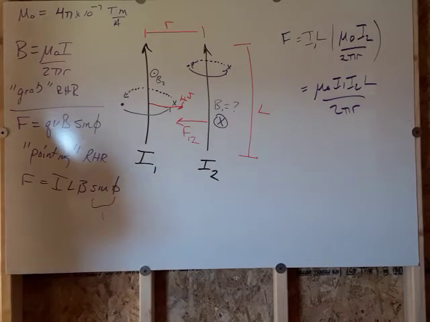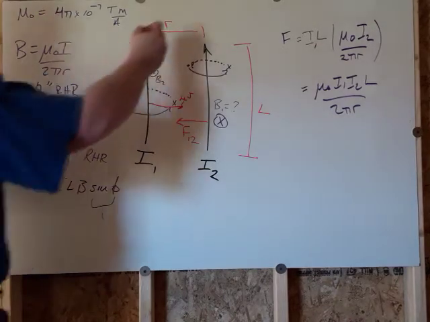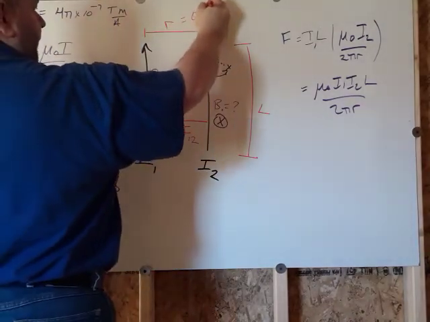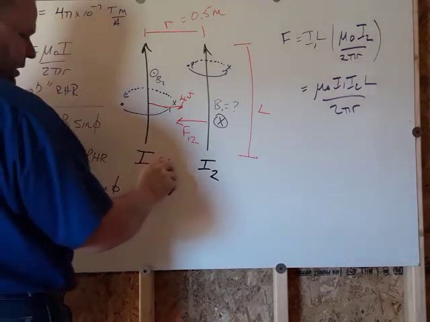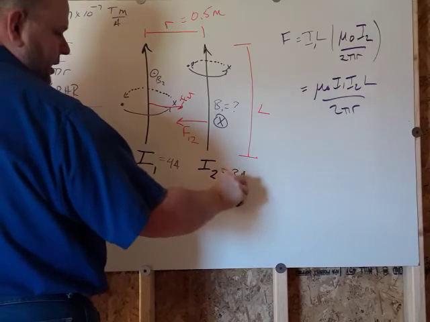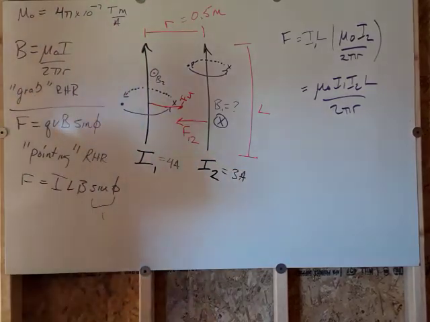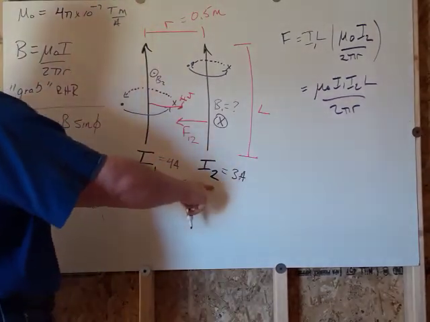So we can put in some numbers for this. All right, let's say R is 0.5 meters, and then we'll let I1 be 4 amps, and I2 be 3 amps. So let's find the force on I2. What we're going to do is find the field due to I2.